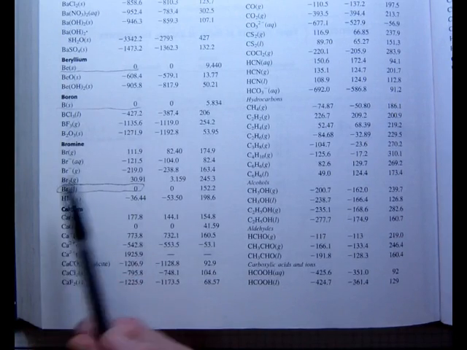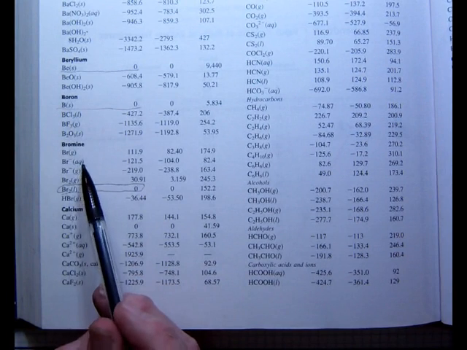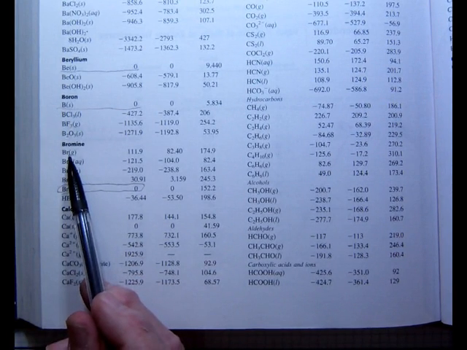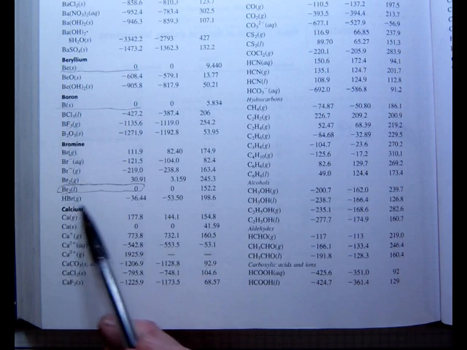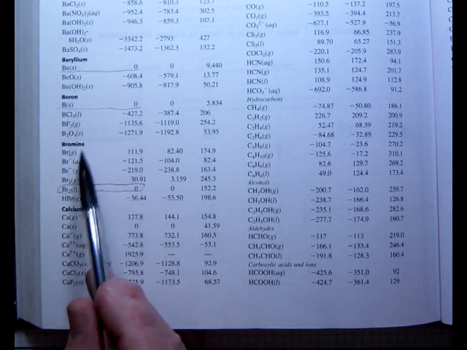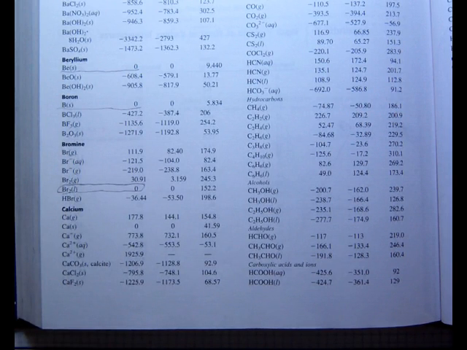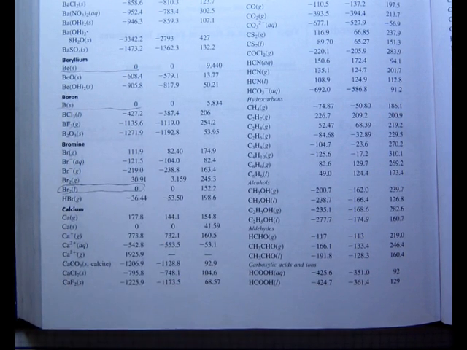So bromine in gas phase, or bromide in gas phase or aqueous phase, or one bromine element in gas phase, and here it is in hydrogen bromide. Well, we'll talk about compounds in a minute. But see, you have multiple forms of the element. Only 1 is standard state. The others have numbers out here, and we'll explain those numbers at the appropriate time.